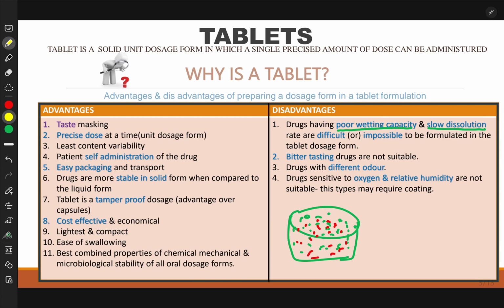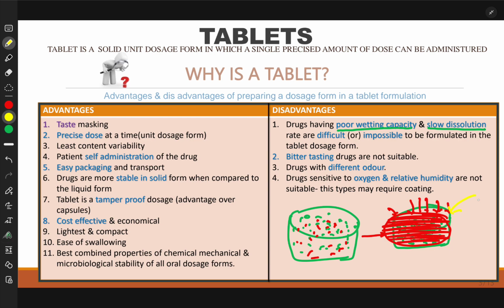When we compress, the spaces between the particles are reduced. When we compare, more spaces are there before. When pressure is applied, the spaces between the particles are reduced, the tablet mass is consolidated, and the density of the tablet also increases.